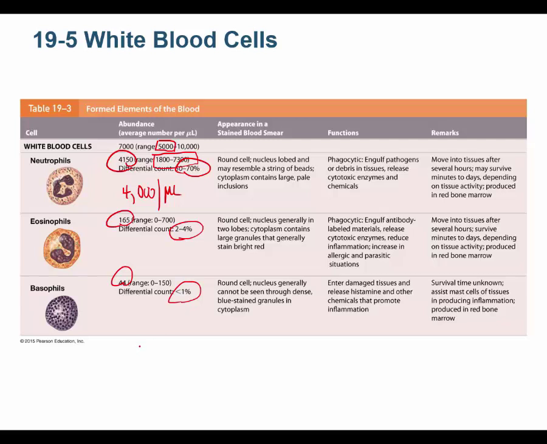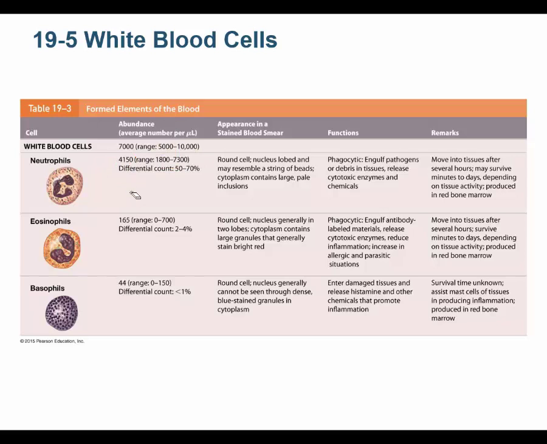So you can see here that these white blood cells have absolute counts. Now, is that important? It's very important.